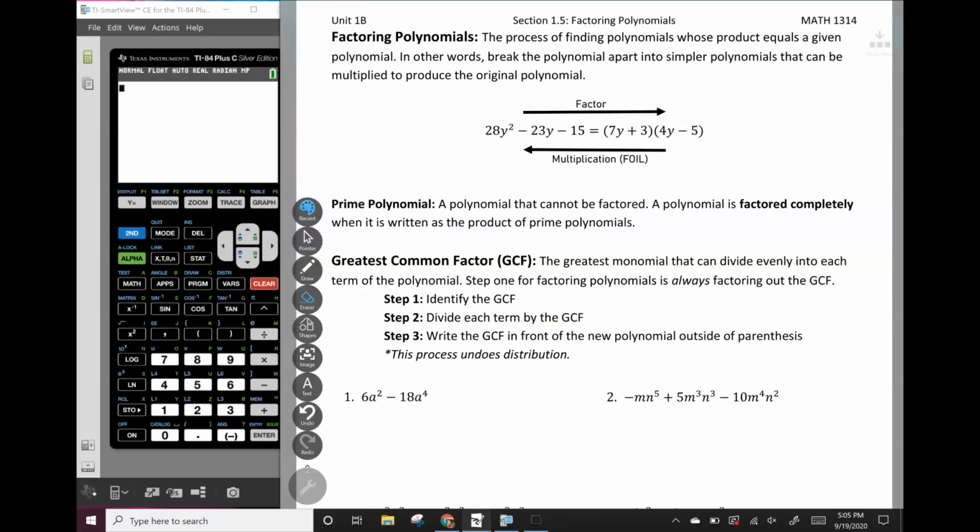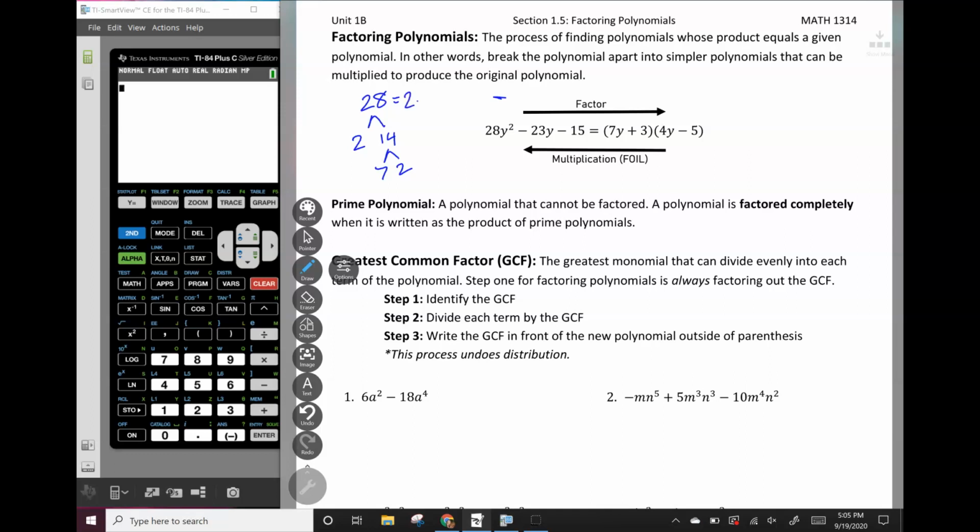So you know that you could take a number like 28 and factor that into 2, 14, 7, and 2. But what you're doing there is you're actually breaking that number up into numbers that could be multiplied to give you this number, so 28.